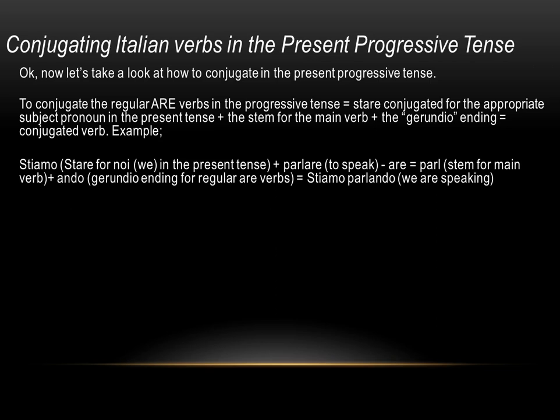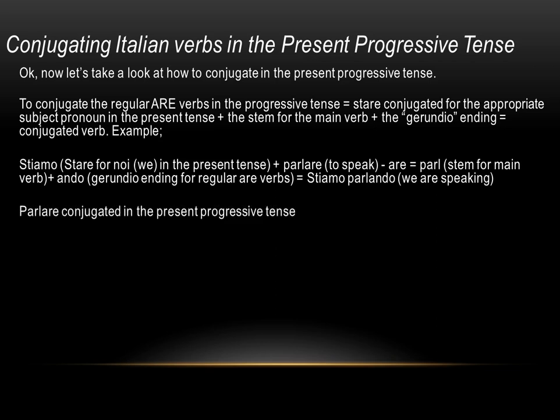Example, stiamo, stare for noi, we in the present tense, plus parlare minus are equals parl, stem for the main verb, plus ando, the gerundio ending for the regular are verbs, and we have stiamo parlando. Once again, stiamo from stare, ando, stiamo parlando.